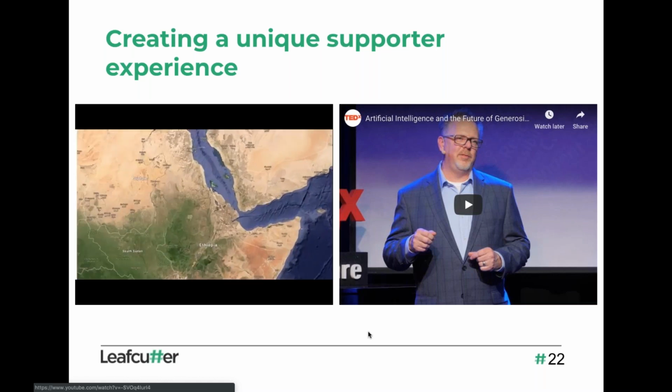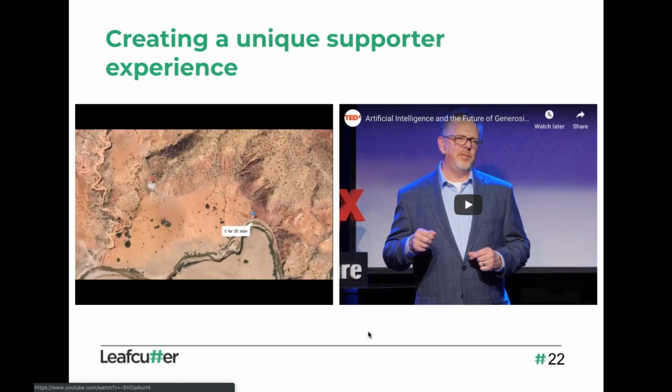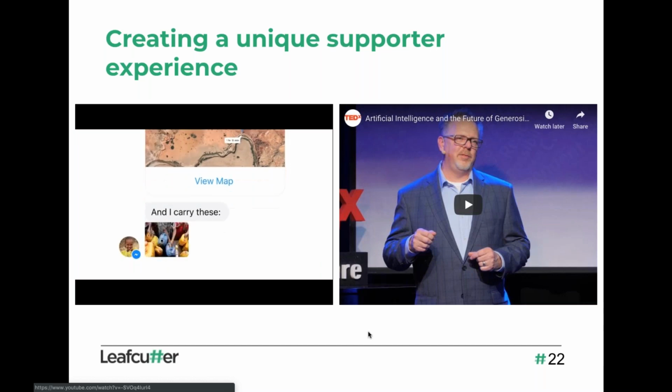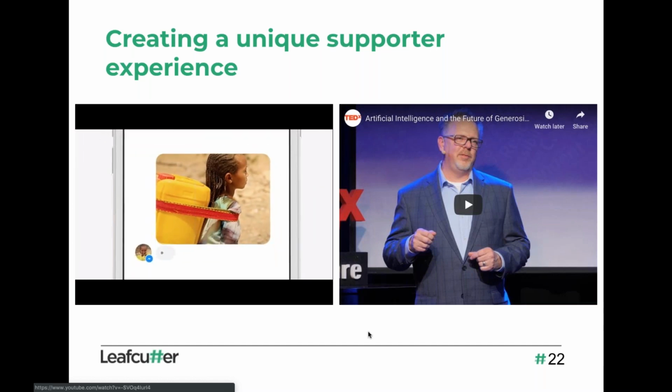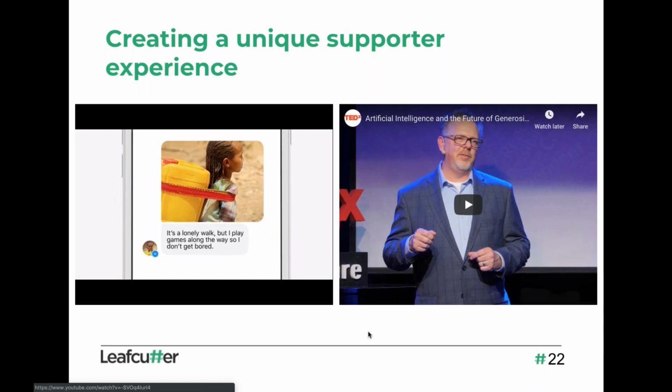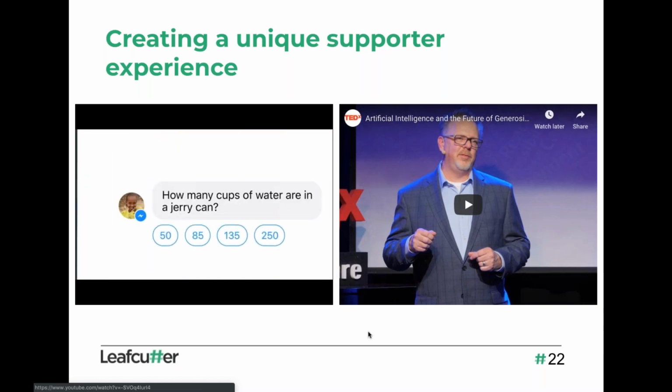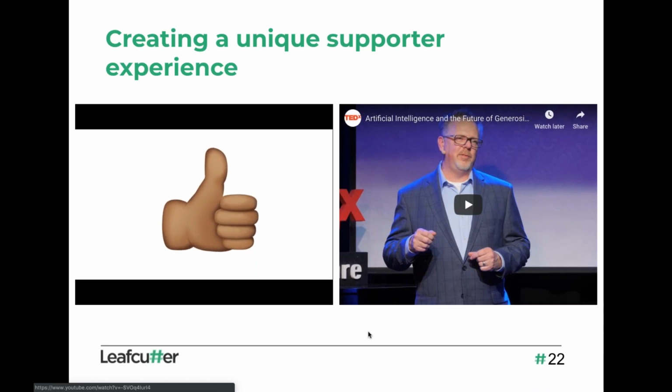It shows them a map, it shows them video, it shows them different experiences. And the idea is to create more of that personal interaction, but to do it at scale, which AI can do and can automate as well.